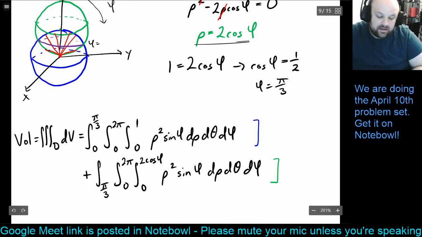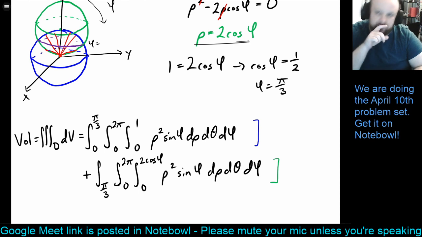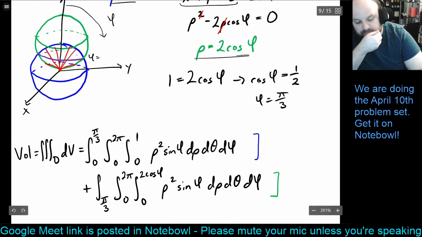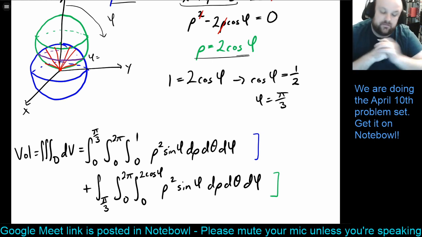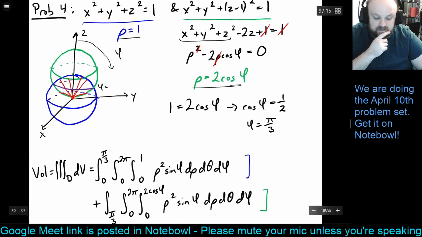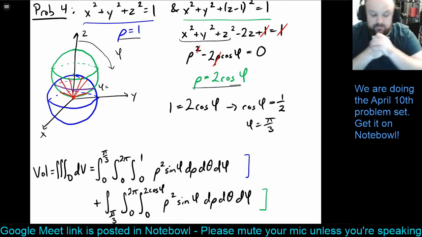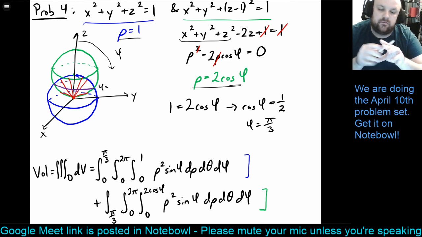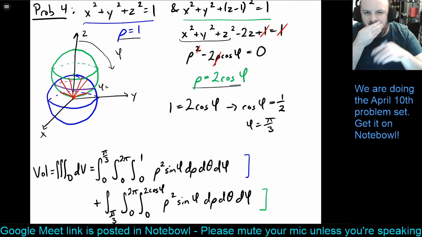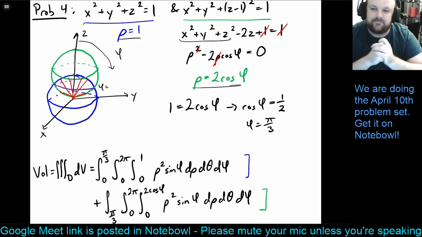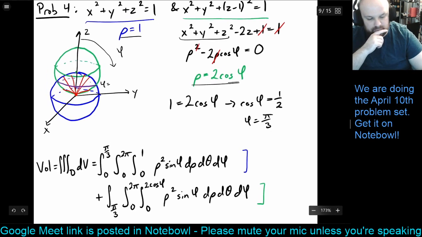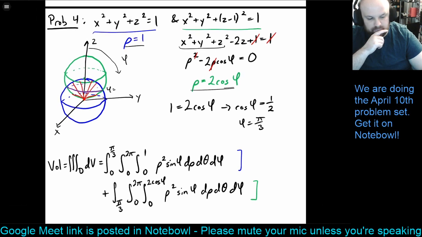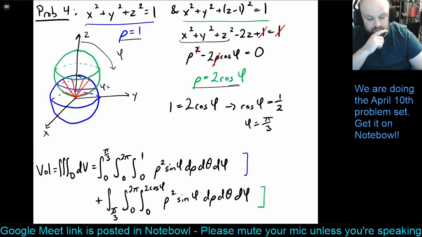And then what does it end at? What is the bottom of the sphere given by, what phi value? In other words, when is rho 0?